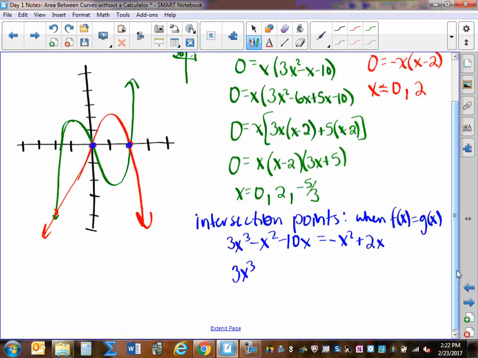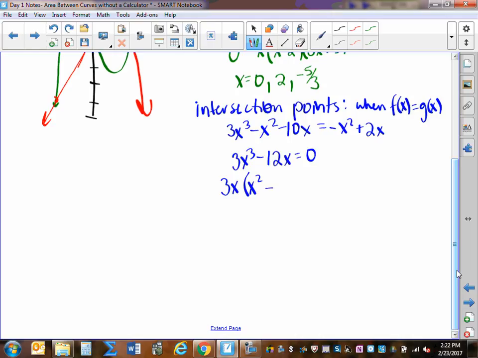Cubed, my x squareds end up canceling. Minus 12x equals 0. Factor out my 3x, so I have x squared minus 4 equals 0. Oh, difference of squares! I love those. So we have our intersection points are 0, 2, and negative 2.